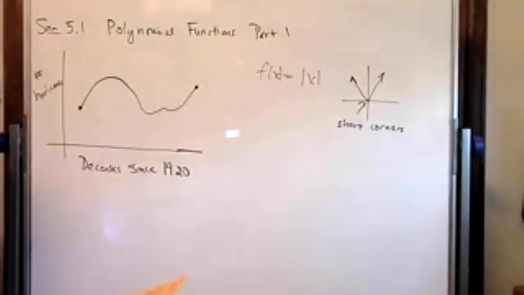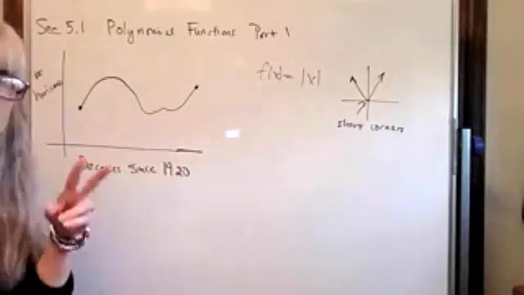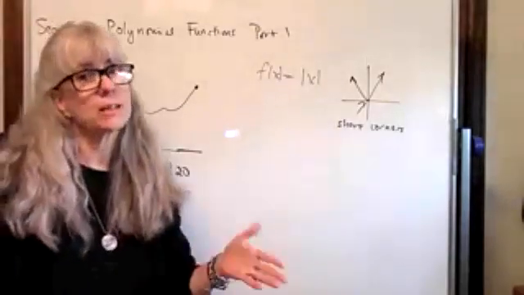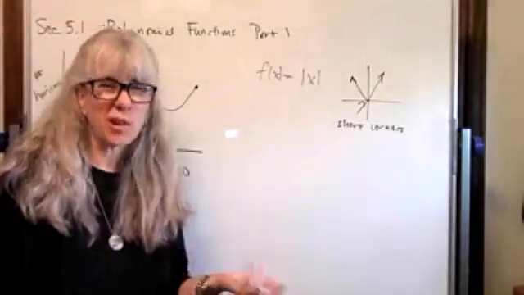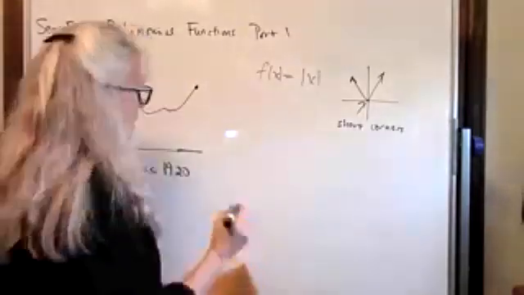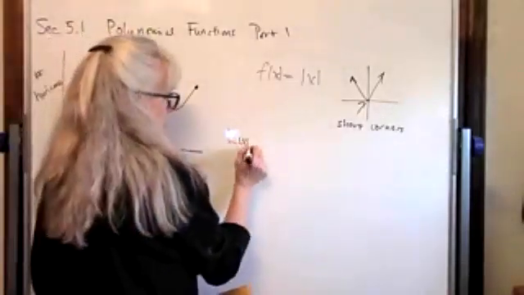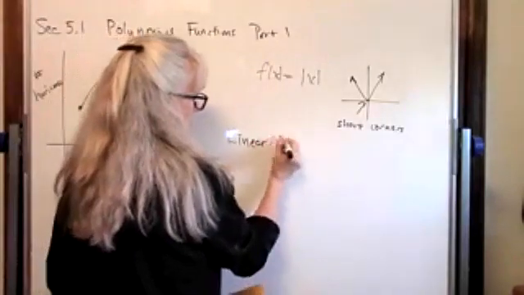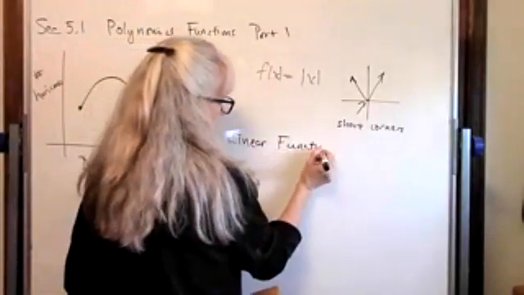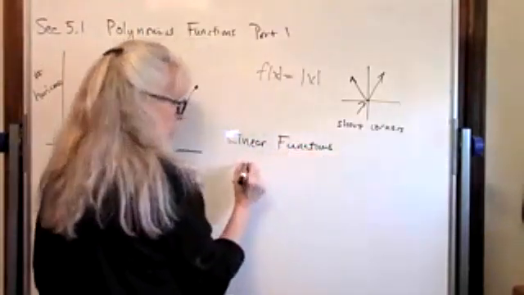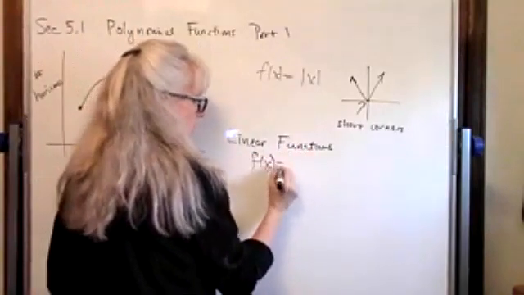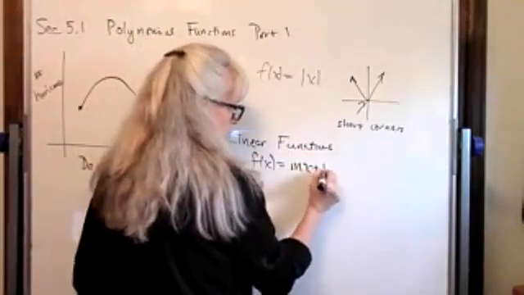So what are polynomial functions? Let's consider two that we've already looked at. We didn't really call them that, but they are. So we have linear functions, and those would be functions of the form f of x is equal to mx plus b.